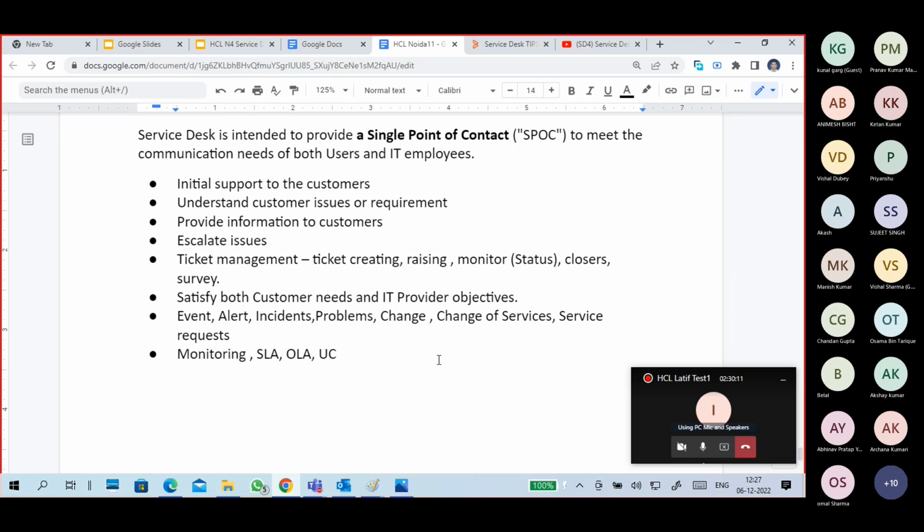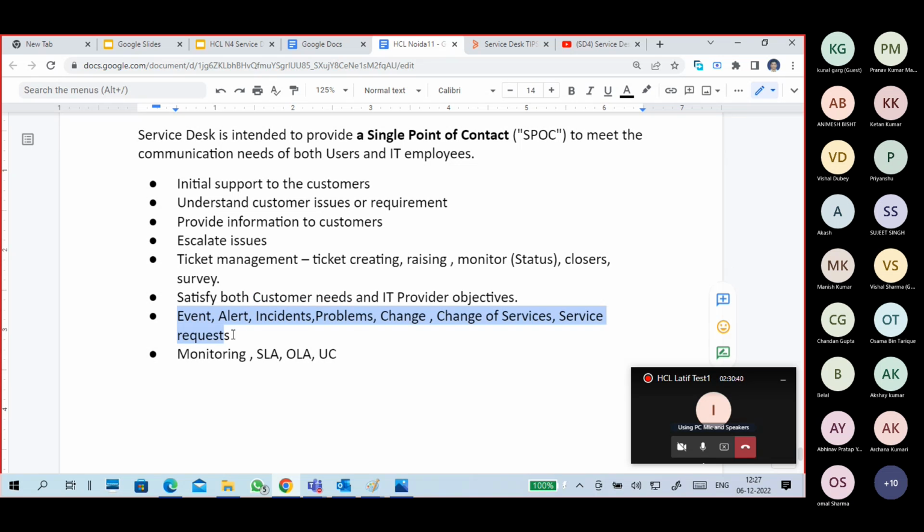Make sure the customer gets the service, because customer satisfaction is the IT service provider's objective. What is the customer requirement? The customer needs a 24/7 service, so it should always work. That's the point.